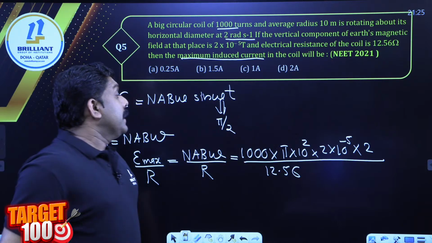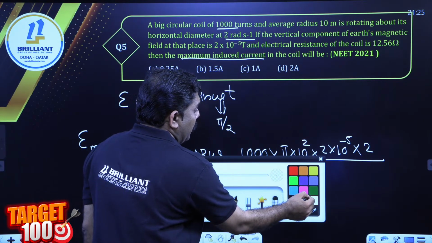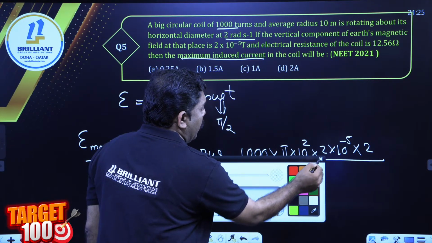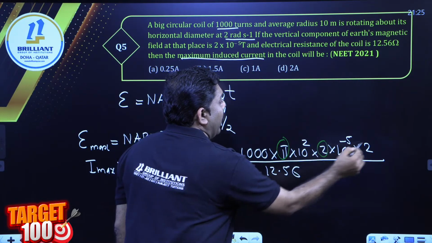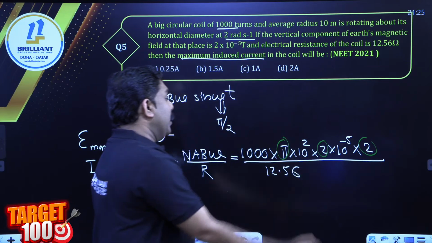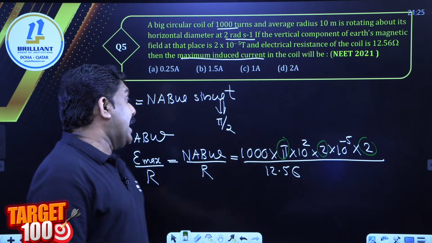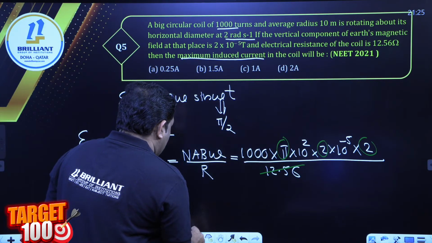Resistance is 12.56. Now we can simplify. Here pi is there, and 2 and 2, so 4 pi, and 4 pi is 12.56. So these terms cancel each other. What's the remaining term?